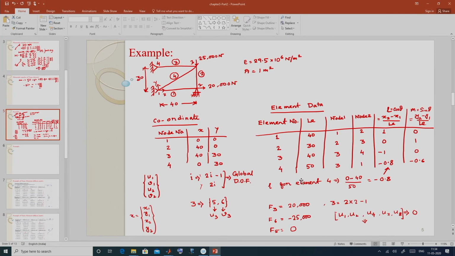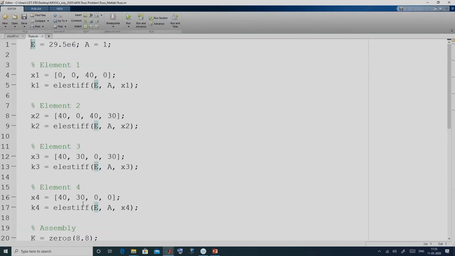Similarly, for fourth element, first node is node 3, that is 40 30 is x1 y1, second node is node 1, that is 0 0. So, 40 30 0 0, that is for fourth element. Thus, we have element stiffness matrix for all the 4 elements.